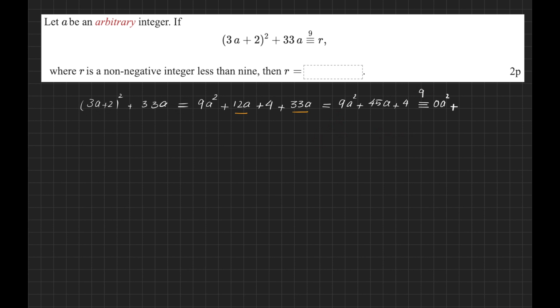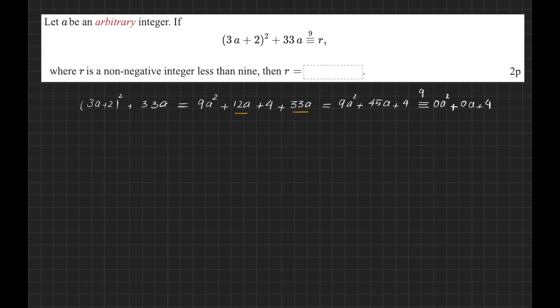What about 45? 45 also is 0 modulo 9. Why? Because 45 minus 0, which is 45, is divisible by 9. So this is also 0. And then 4 is just simply 4.